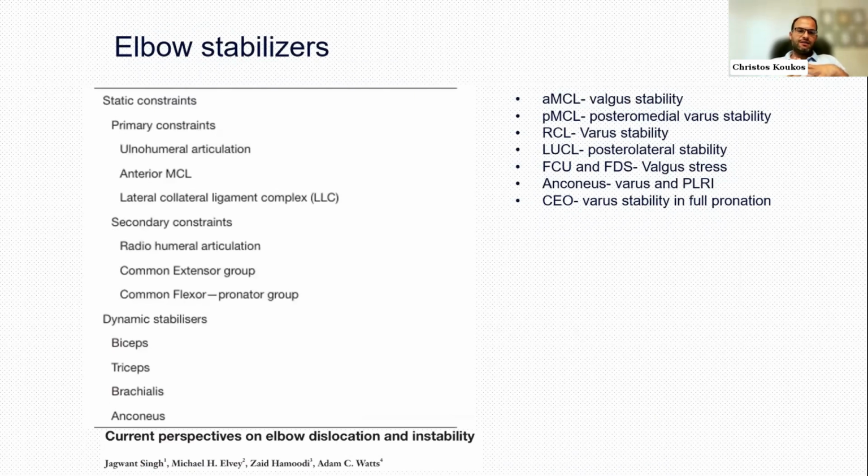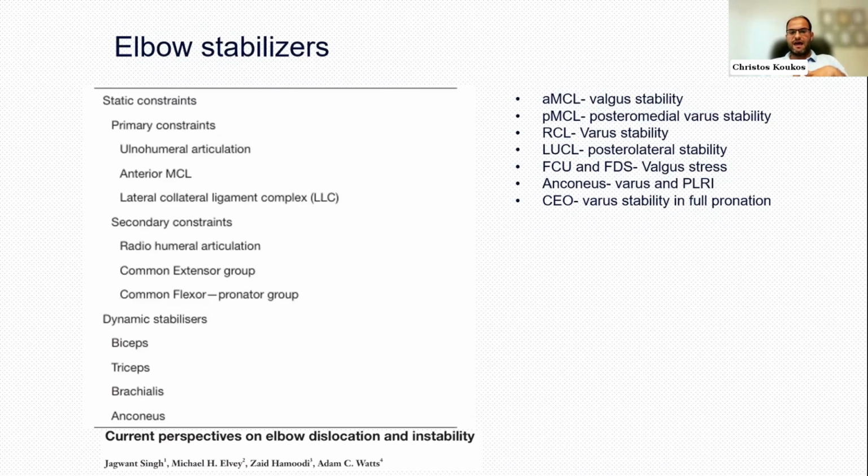These are divided into the static and the dynamic stabilizers. The static ones are classified into the primary and the secondary constraints. The primary ones are the ulnohumeral articulation, the anterior MCL, which is a great valgus stabilizer, and the lateral collateral ligament complex.